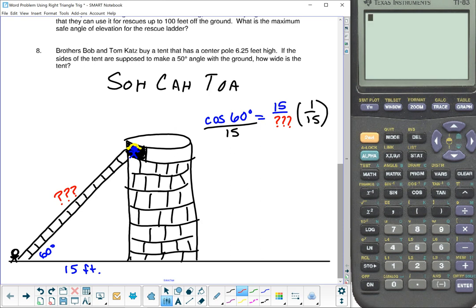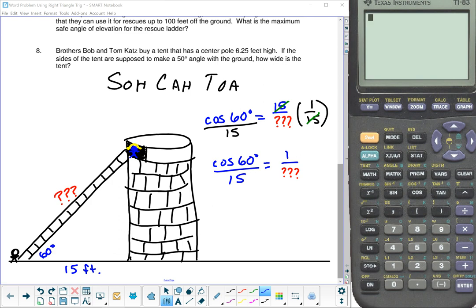So that's going to cancel, and I will have 1 over question marks equal to cosine 60 degrees over 15. Now we can use a unit circle to find cosine of 60, but since we have the calculator, why not? But this doesn't help us solve because we still want the length of the ladder, not 1 over that.